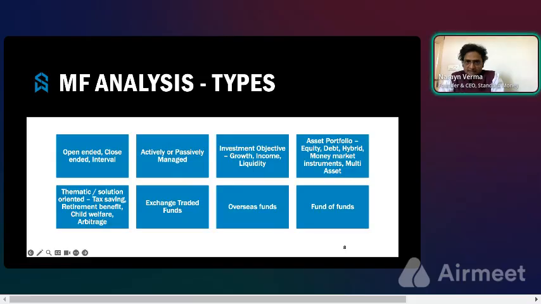And then asset portfolios. So equity funds, debt funds is one asset-based funds. But if I want to have a fund which has a portfolio of equities, debts, and other asset classes, then I can look at hybrid funds or I can go for alternative investment funds.